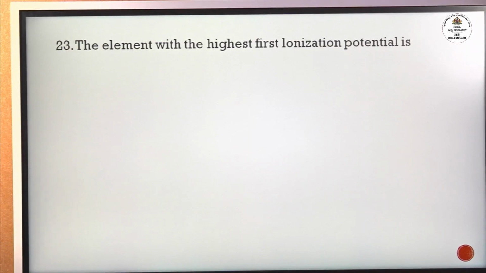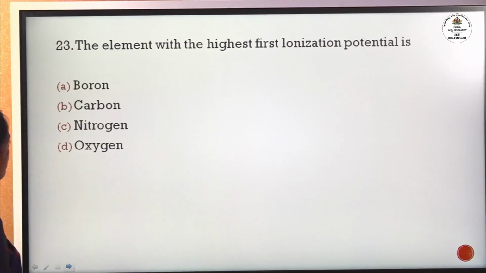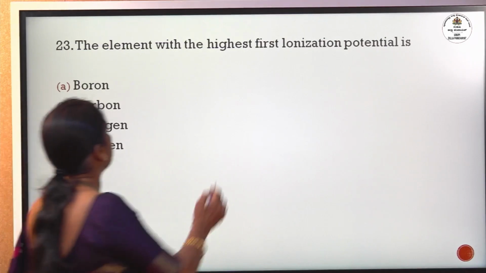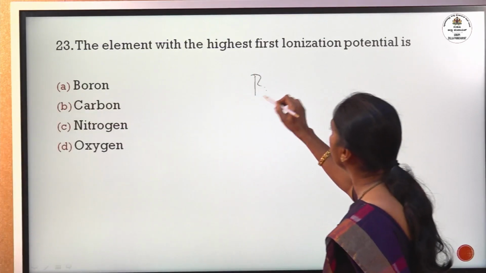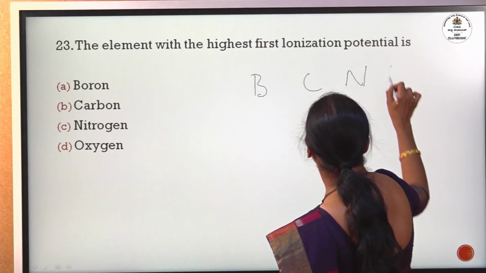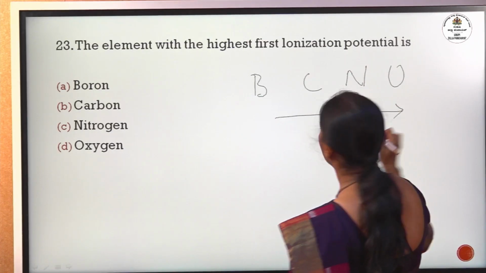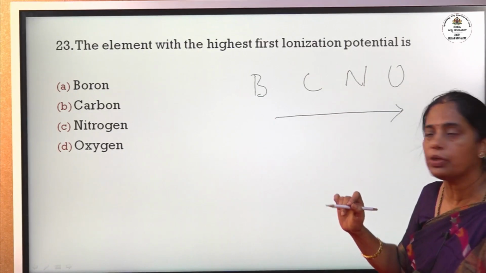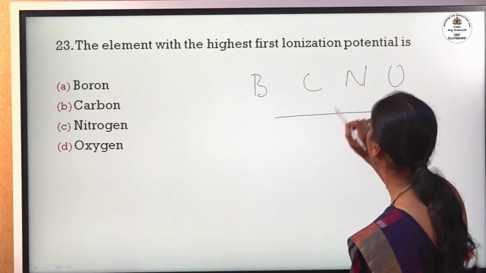The element with the highest first ionization potential is asked. Again, all the elements belong to the second period. They are in the order boron, carbon, nitrogen, oxygen. According to the general trend, ionization potential increases from left to right.